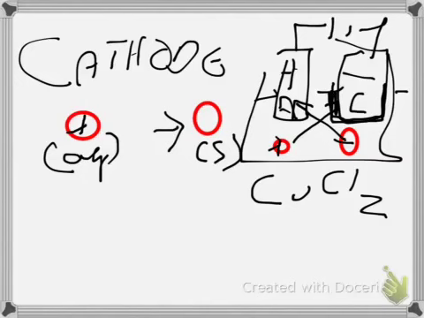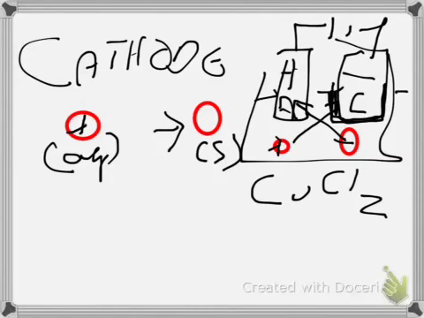Once we've looked at this, we need to look at how the copper ion gets transformed back into the copper atom. To be able to do this, you need to look at what is happening to the subparticles in your copper atom.